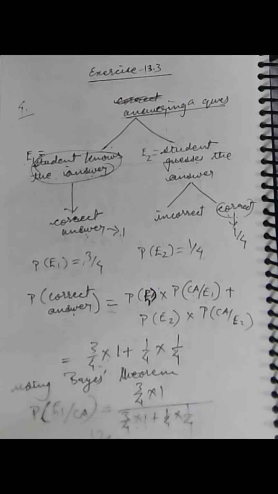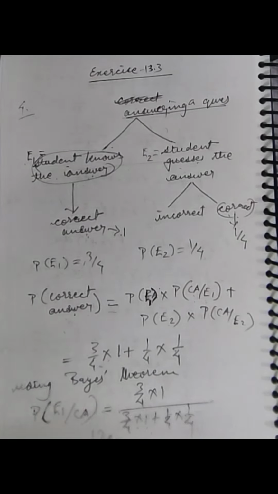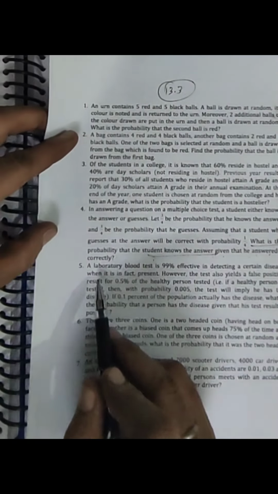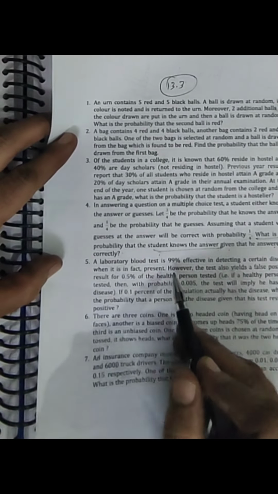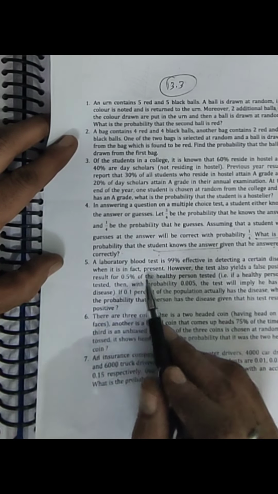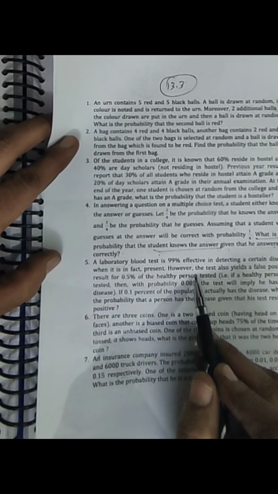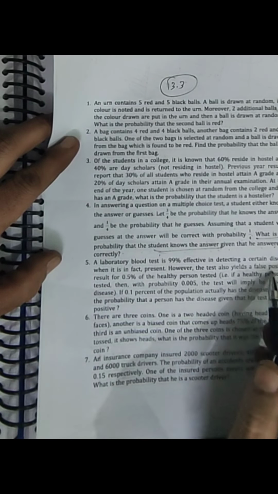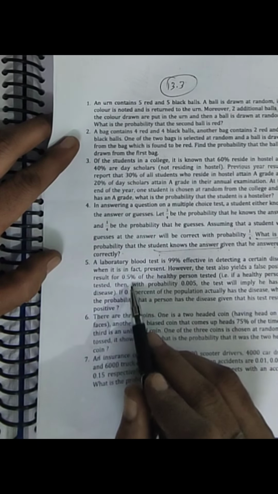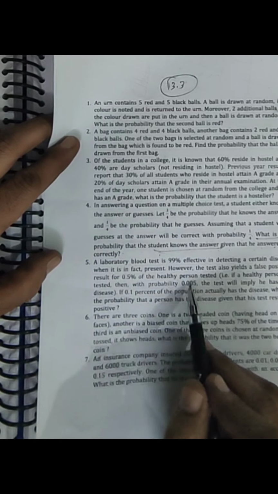We will go ahead with more questions from the same exercise to make it very clear. Next we are going to take question number 5 of this exercise. A lab test, a blood test, is 99% effective in detecting a certain disease when it is in fact present. However, the test also yields a false positive result for 0.5% of the healthy persons tested.